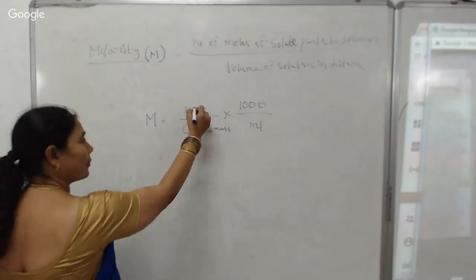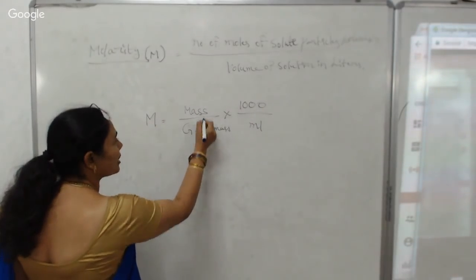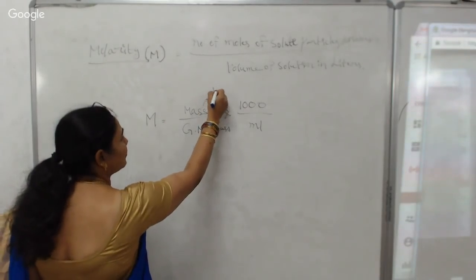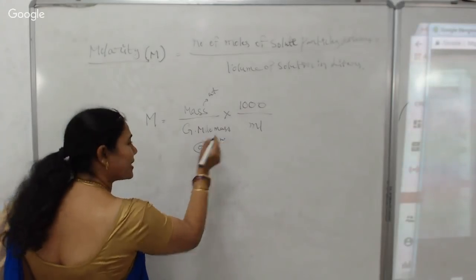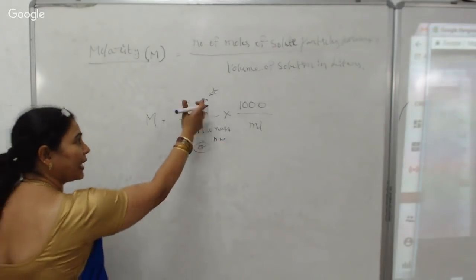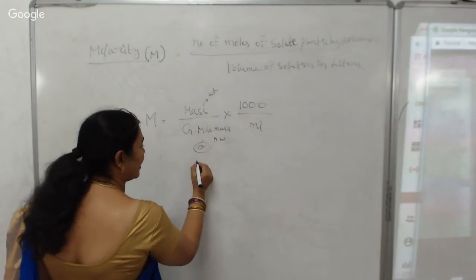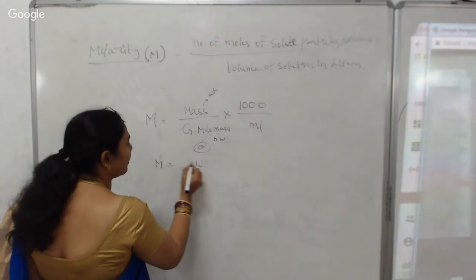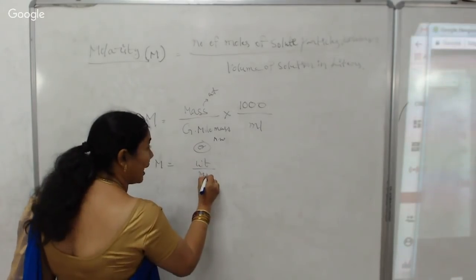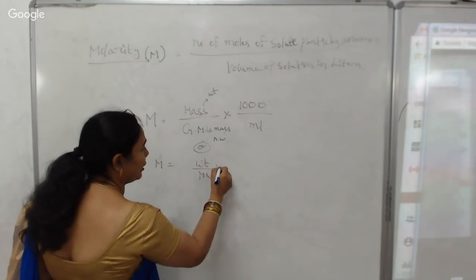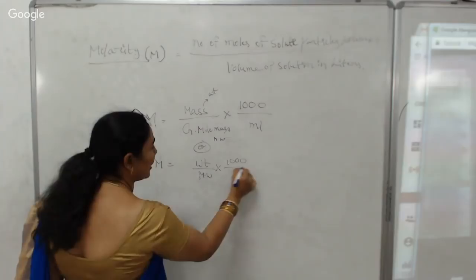Mass is nothing but weight, and gram molecular mass is molecular weight. In simple language, M is weight by molecular weight or gram molecular mass, anything is fine, into 1000 by ml.